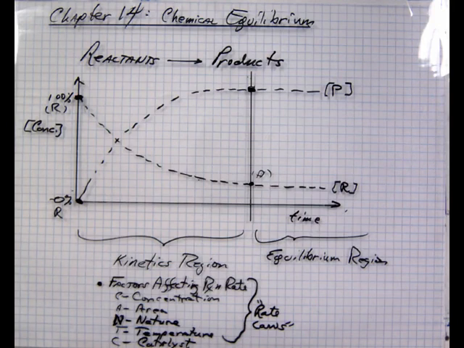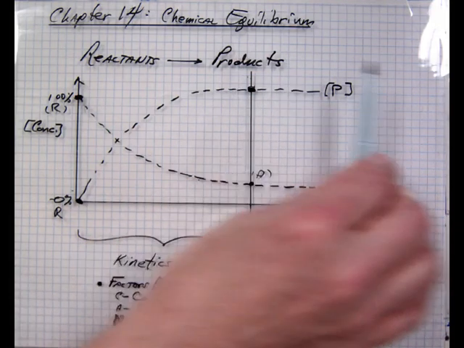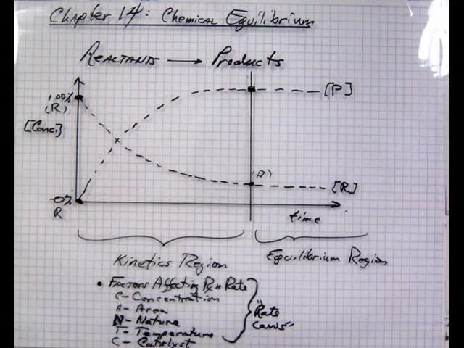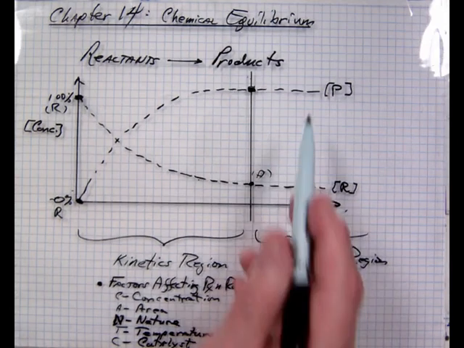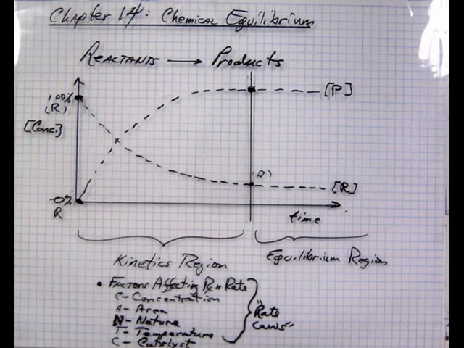And we learned what a rate law was for a general reaction. Well, over here in the equilibrium region, we want to look at a system which is in steady state change. In other words, it's not changing.